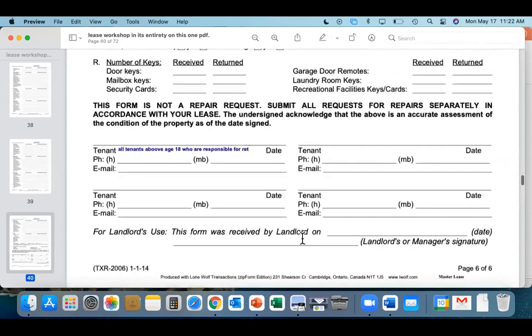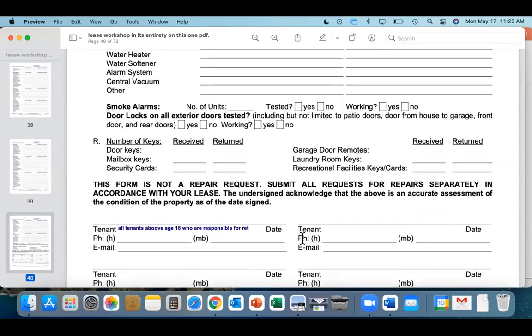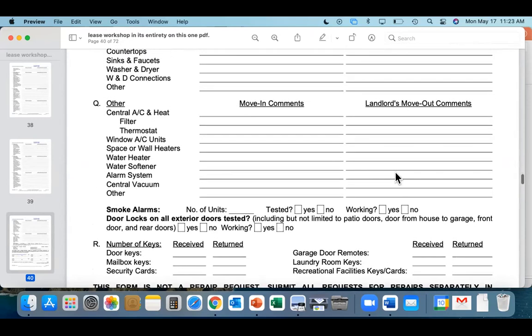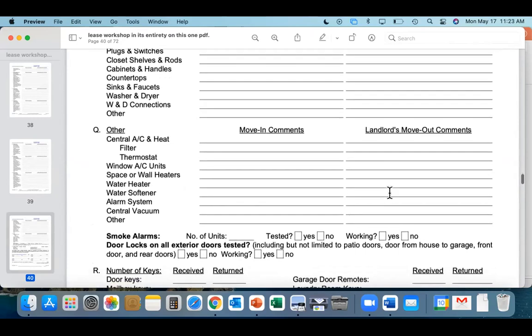In my situation, I asked a couple of times and they never filled it out. We just have a statement for the Zoomers that she has had tenants in the past that don't fill these out.